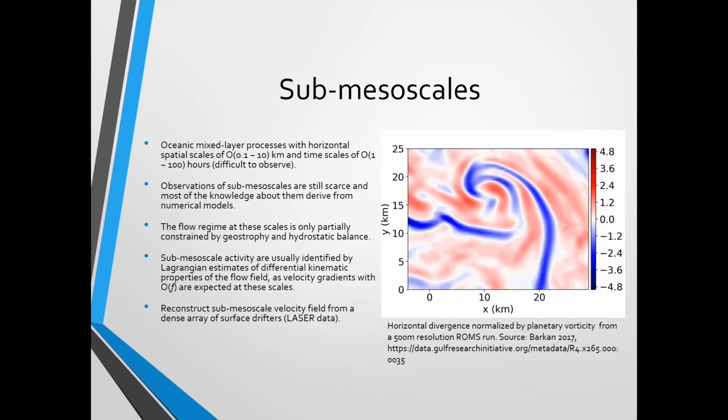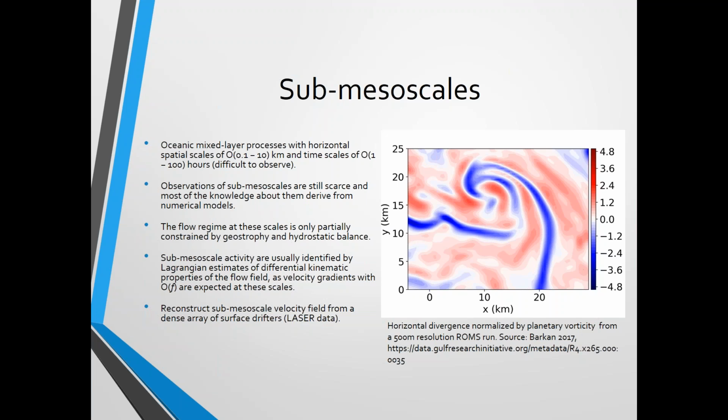Just talk briefly about what are these submesoscale features that we are looking for. So they are mixed layer processes with horizontal scales on the order from 100 meters to about 10 kilometers, and time scales on the order of hours.